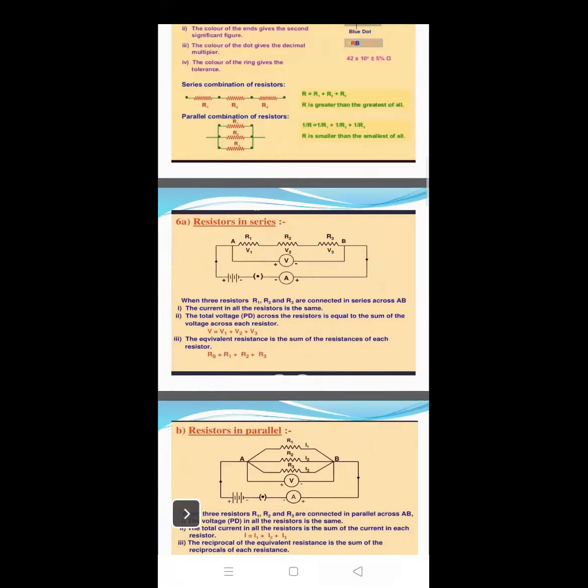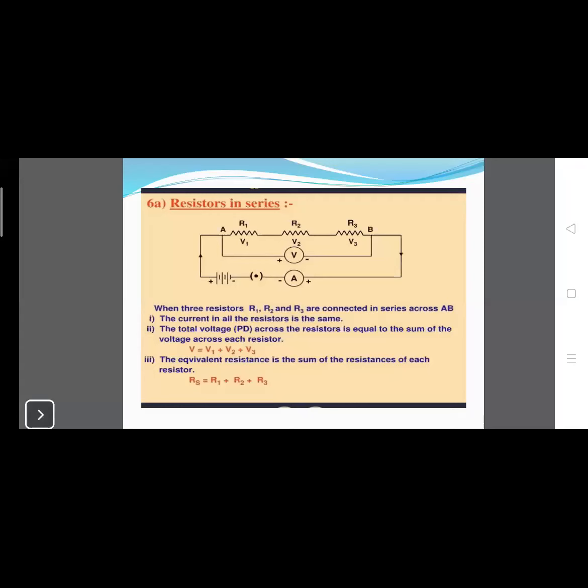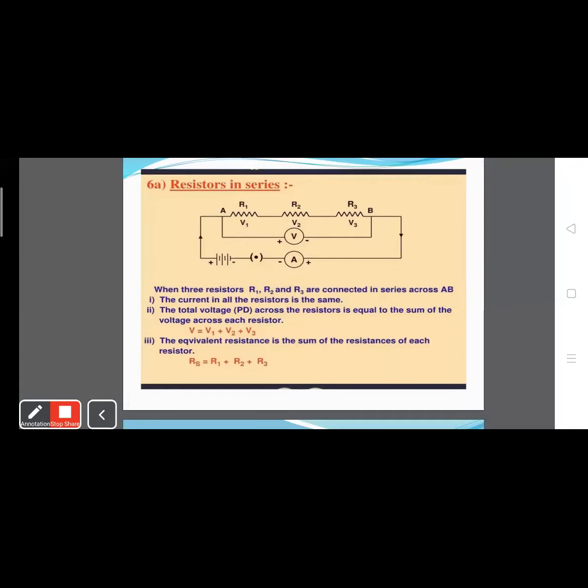In parallel combination, it should be noted that the potential difference across each resistor is the same. The second point is that the current through each resistor is inversely proportional to the resistance of that resistor, and the total current through the circuit is the sum of the individual currents through the various resistors.